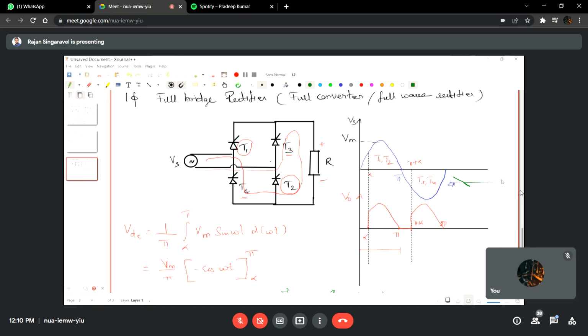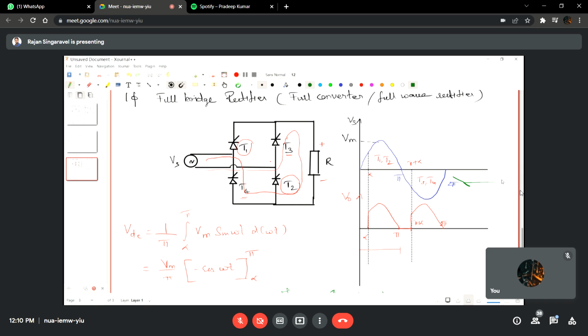This will be repeated continuously throughout the working of the circuit, and the voltage will never become negative at any point of time. So the voltage can be reduced between some values but it cannot be made negative, right? That you have to understand.